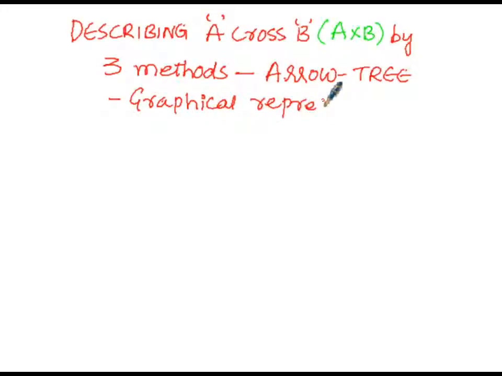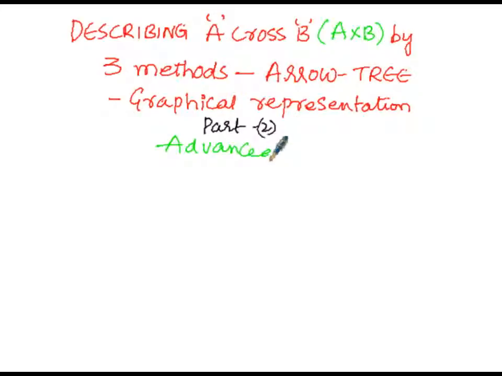That is, we are going to describe A cross B elements by means of arrow diagram, tree diagram, and as well as the graphical representation of part 2 under the advanced level. So here we are going to illustrate A cross B elements by means of all the three methods.